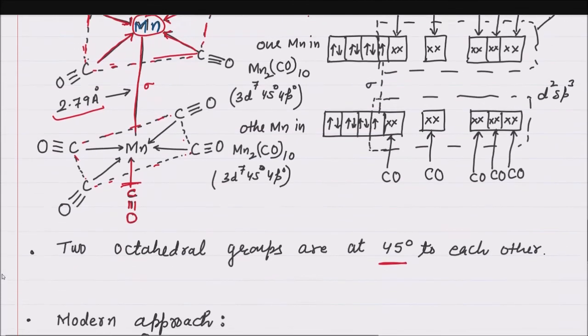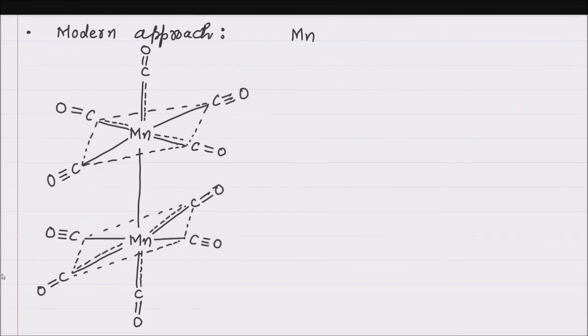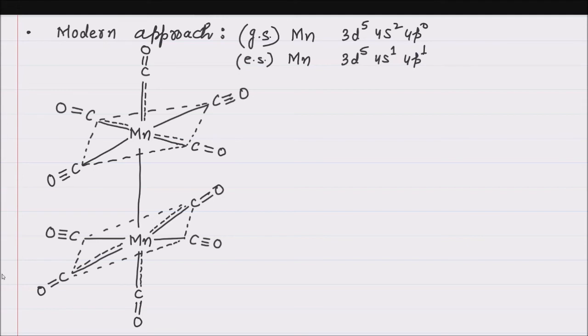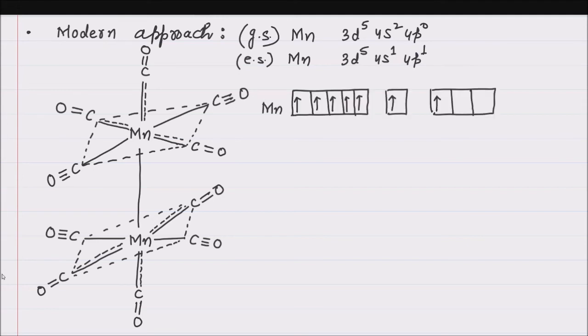Now come to the modern approach. What is the electronic configuration of manganese? It is 3d5 4s2. This is the ground state. Now in the excited state, it becomes 3d5 4s1 4p1. Just write it as per valence bond theory, 3d5 4s1 4p1.